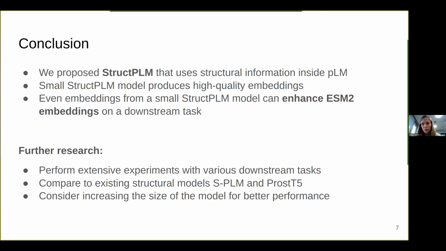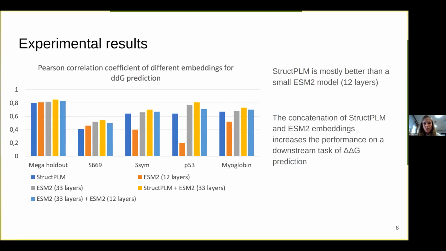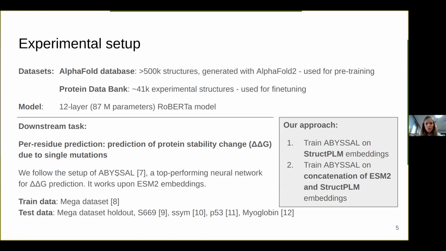Yes, sure. It should be somewhere, because we follow the Abyssal approach. We just replace the input data for this method from ESM to StructPLM ones. So it's just a black box for you, right?